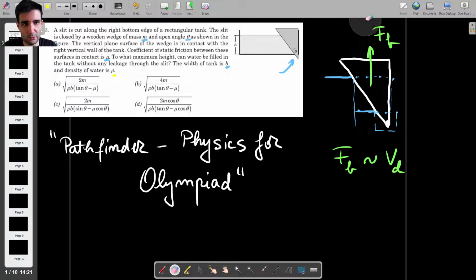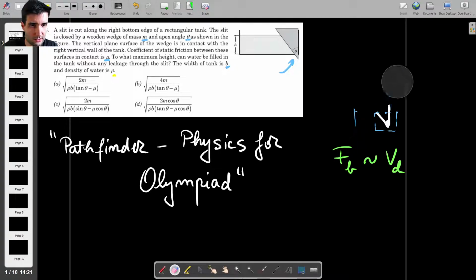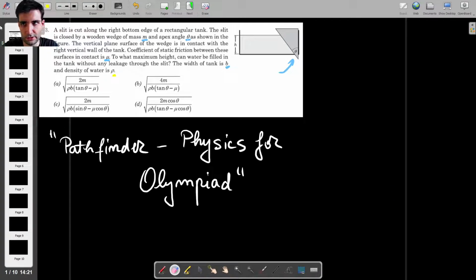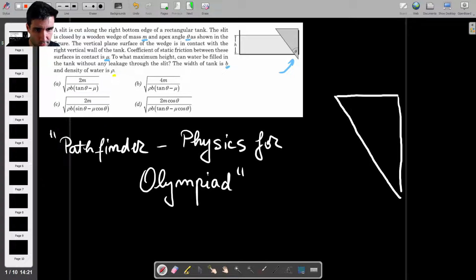The way I would suggest to do this is by first drawing a free body diagram. So this is what we have. I'm going to draw all the forces that are acting on this wedge. First of all, we have the weight. This wedge has a certain mass, so it's got a weight which is pulling downwards.